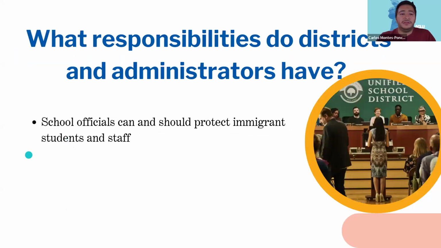But along with the rights that students have, what responsibilities do districts and administrators have? I think the main emphasis here is that school officials can and should protect students and their staff. Some ways that can occur is that schools should share know your rights information with students and staff and widely promote the creation of emergency plans with families.